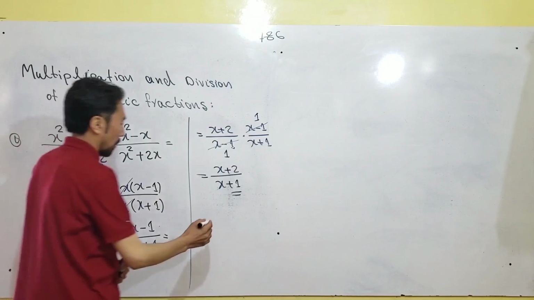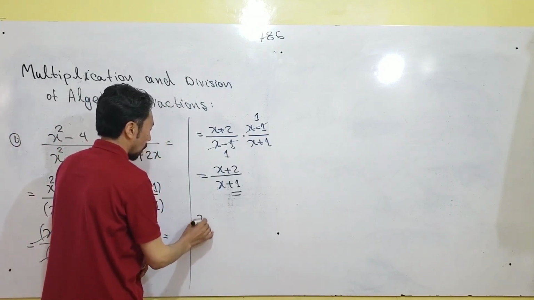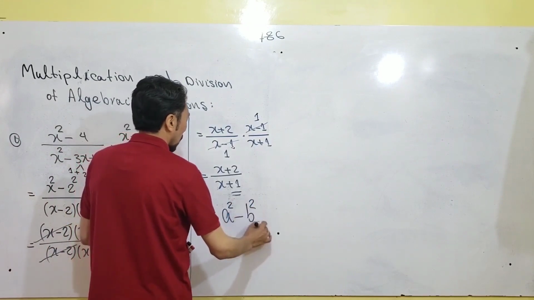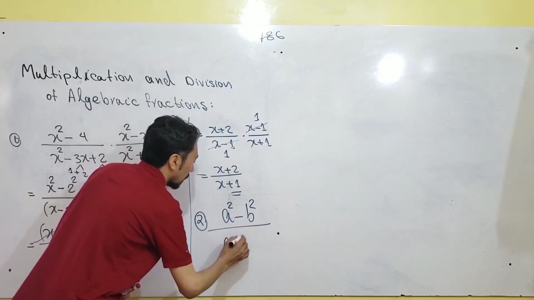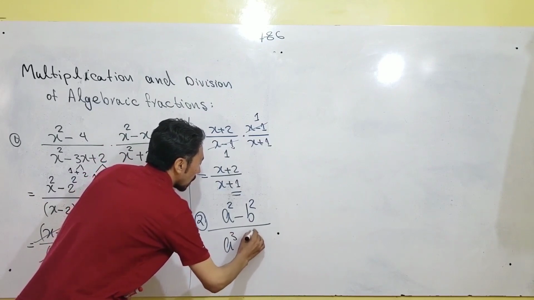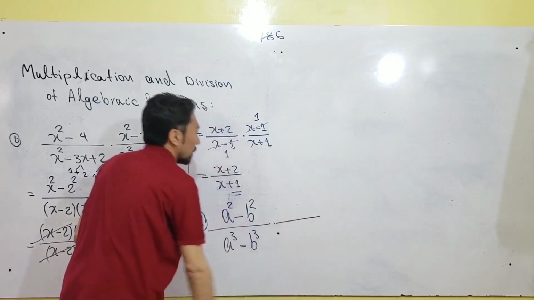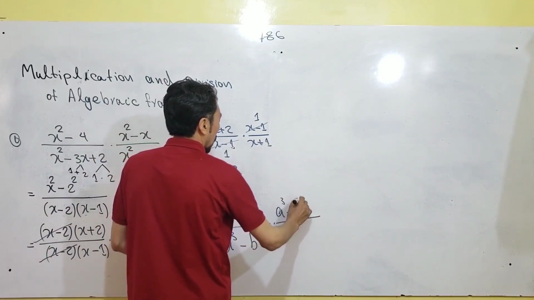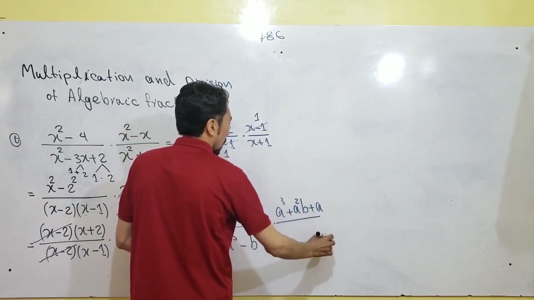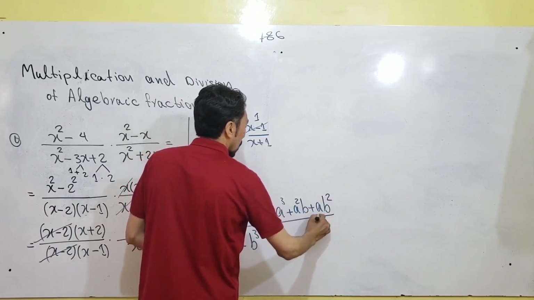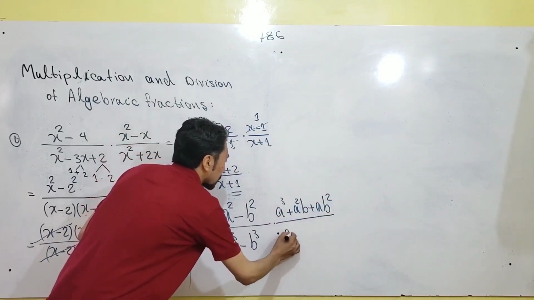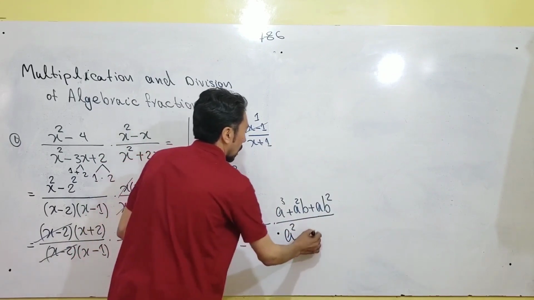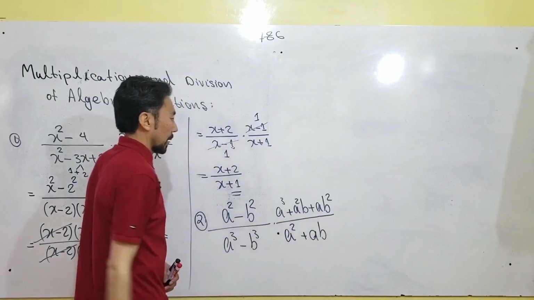I take another example. For example, here we have (a squared minus b squared) over (a cubed minus b cubed) multiplied by, for example, (a cubed plus a squared b plus a b squared) over (a squared plus a multiplied by b).